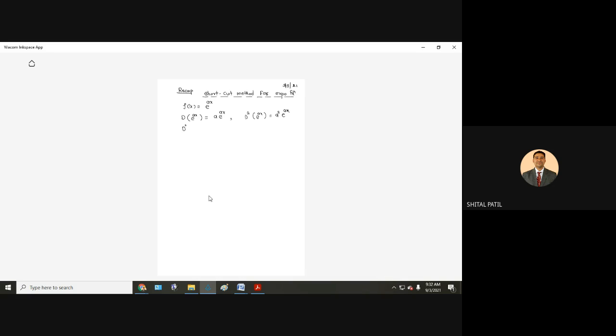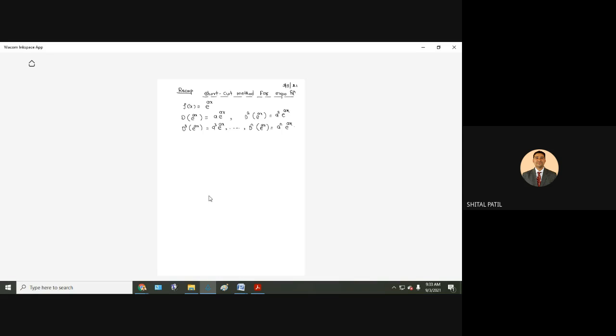If we obtain the third derivative, it is a cube e raised to ax, and so on. So if we obtain the nth derivative, what is the nth derivative? a raised to n e raised to ax, isn't it?